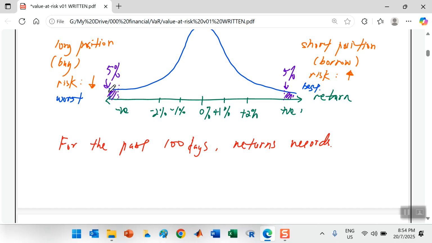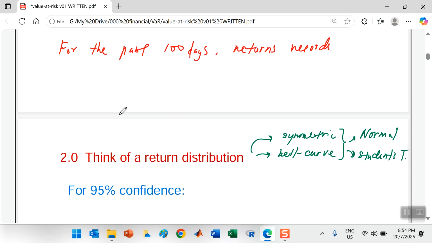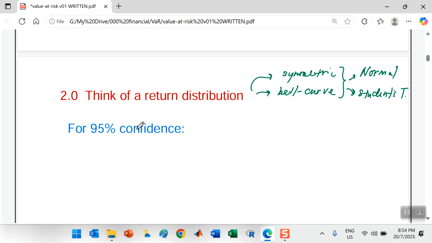So any value less than the VAR will be considered; the quantiles involved are in percentages. So if you're at 95% confidence, it means that you're focused on, let's say, a long position. Long position means you own the asset and you hope it will appreciate.